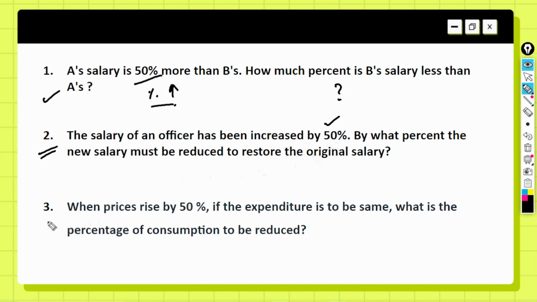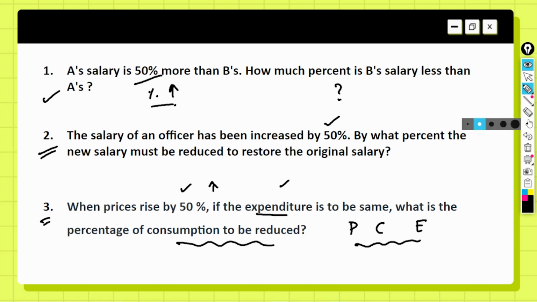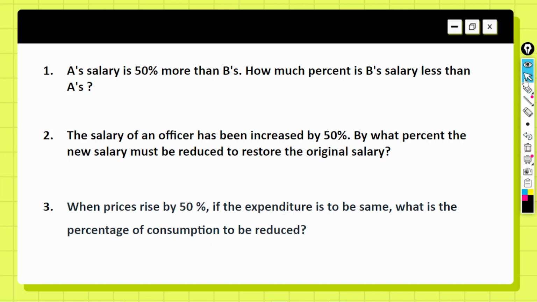The third problem is when price is increased by 50%, to what percentage your consumption should be reduced to keep the expenditure constant. This problem is called the price, consumption and expenditure problem. For all these problems I've used one single percentage increase, 50%, and I'm asking the corresponding percentage decrease. So let us quickly jump into the method of how to solve this type of problems.